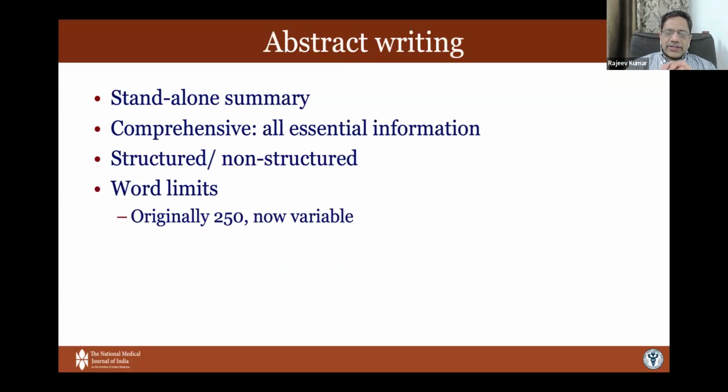When you write an abstract, these are again some essential things you must remember. An abstract must be complete in itself. So even though it's a part of a journal article, the abstract in itself should be complete, such that reading the abstract, you get a fair idea of what the article is all about. The ways in which abstracts are written are multiple, but there are 2 principal ways.